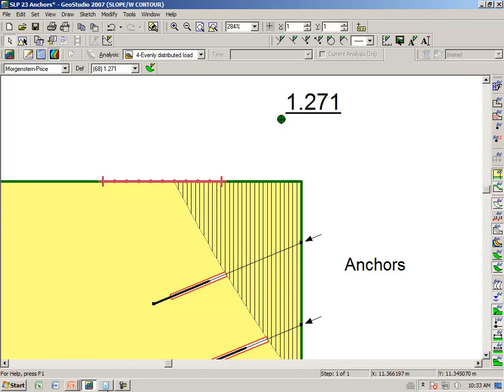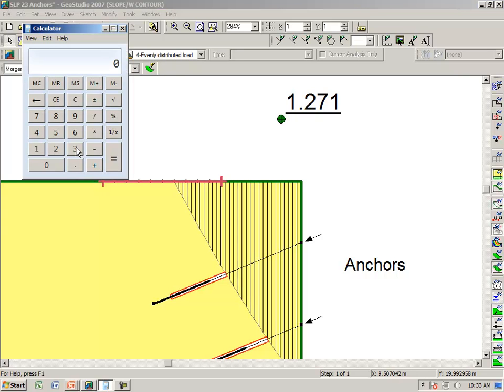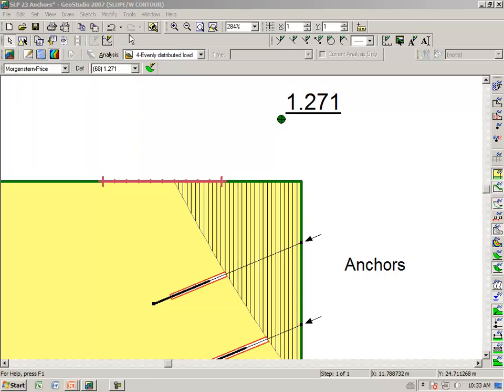So if we take the 300 kilonewtons and divide by 18, then we get a force of 16.66, which we saw is what Slope W had used. In other words, the 300 is divided amongst all of the slices that are intersected by the top anchor.